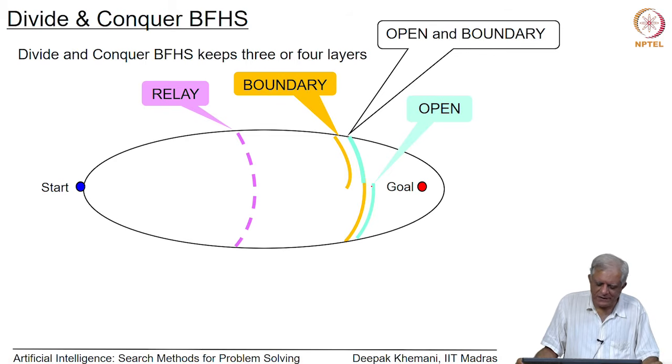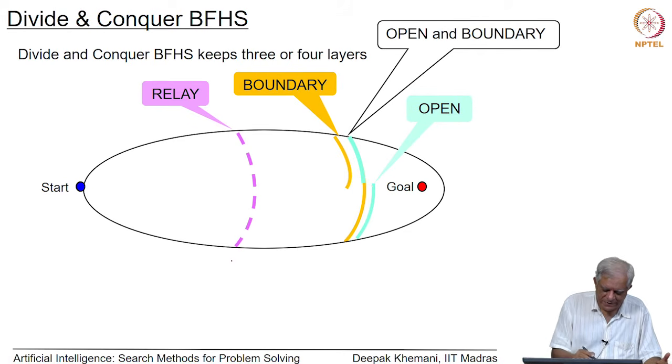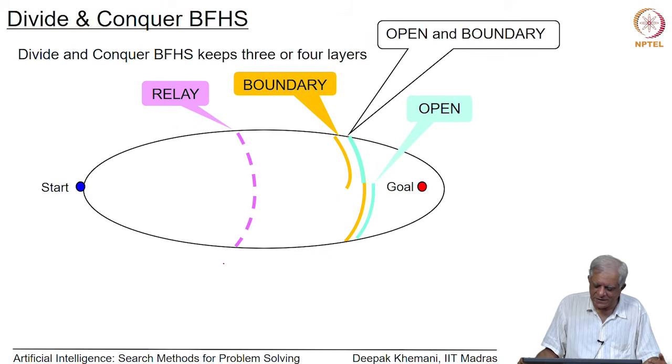Before we do that, we can combine the methods that we studied for pruning closed. So, remember that all these algorithms, this idea of keeping a relay layer and a boundary layer and an open layer, came from pruning closed.